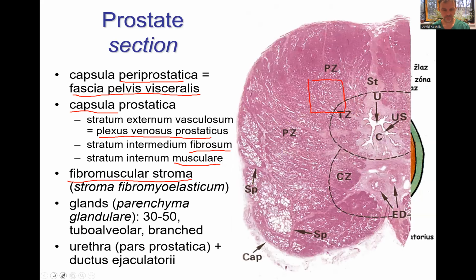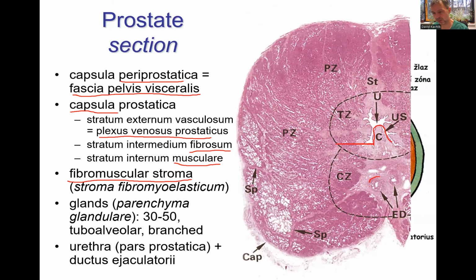So here on this slide, we can see a transverse section, stained by hematoxylin eosin. In the center, what is visible is the seminal colliculus, and the seminal colliculus opens into urethra.